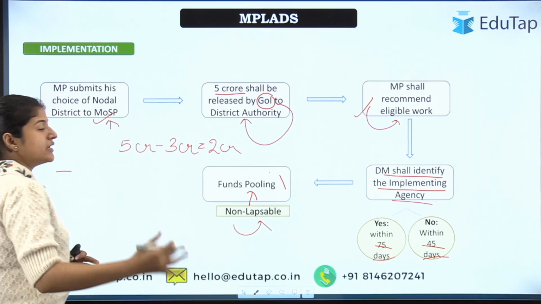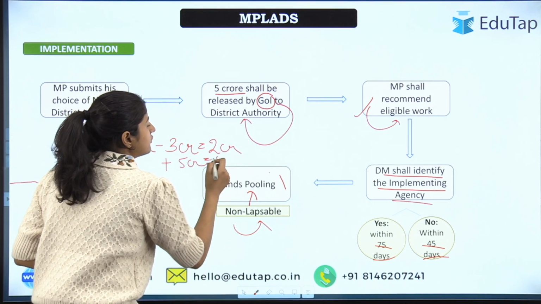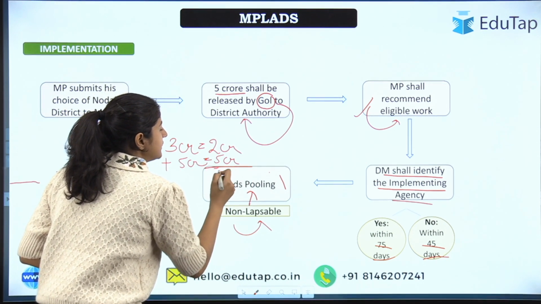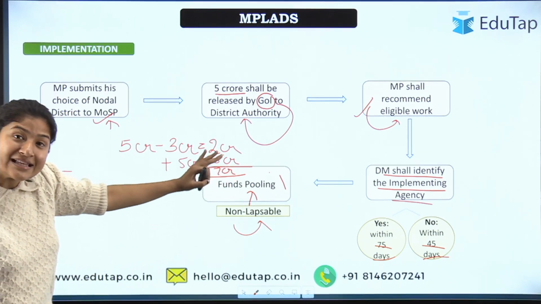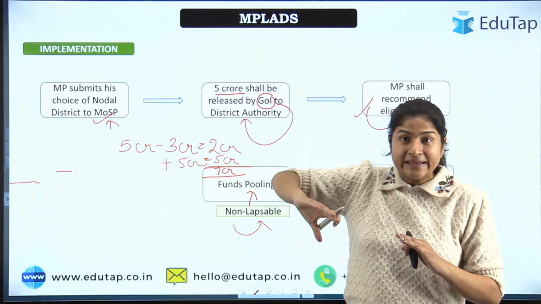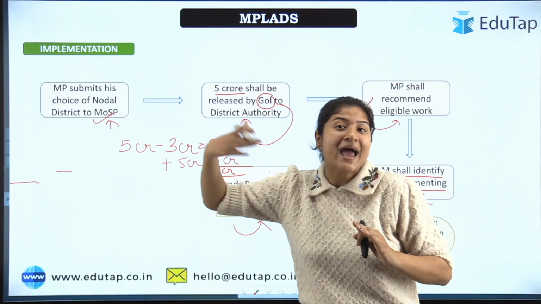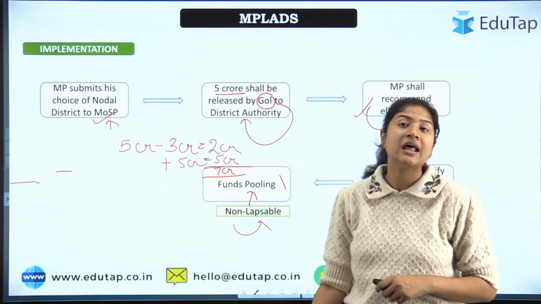Next year the MP again gets 5 crore, so this 5 crore will be added to the previous amount, and now for this year 7 crore is there with the MP. What does non-lapsable mean? When the money keeps adding to the next financial year, that is known as non-lapsable.